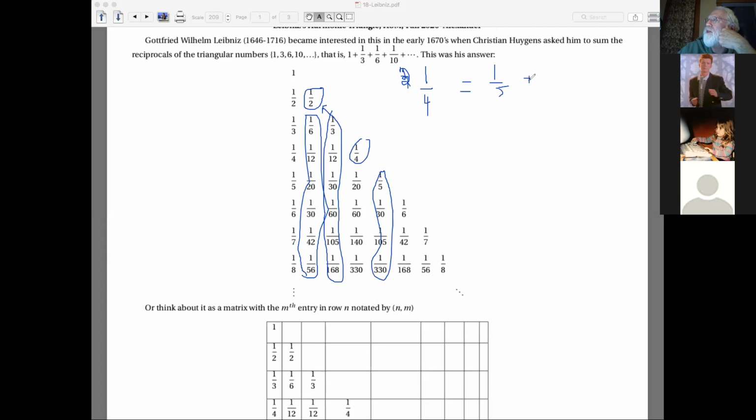plus 1/30th, plus, actually, I don't want to use that one. Let's do a different one. Okay, so we showed before that this was equal to 1, right?